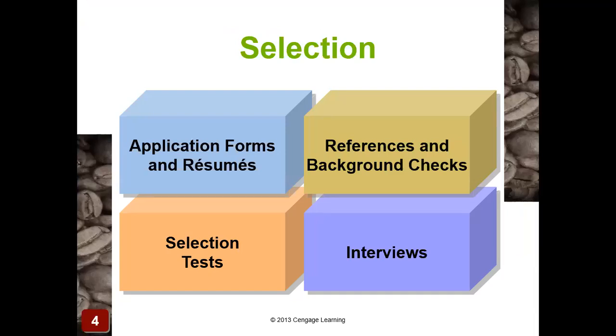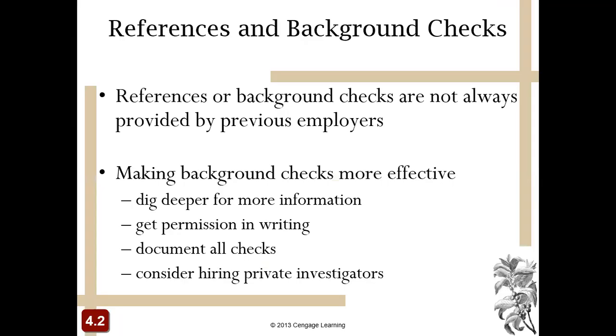Selection process in terms of application forms and resume, references and background checks, selection tests, and interviews. So all of these things, like I said, if you've been to a job, you've kind of seen these things before. So intuitively, you should understand all of this. So again, reference check is just basically talking about the references, the background check.